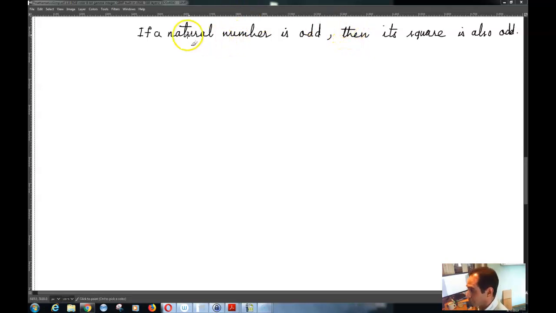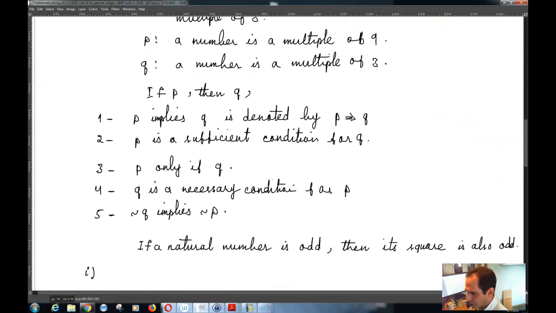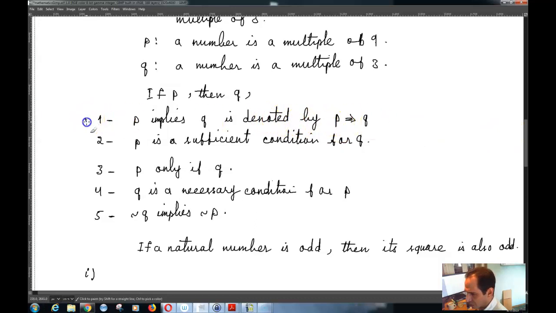So the first way that you can write it, I'm just going to write from the solution, because I'm learning too, is that a natural number is odd implies that its square is odd. That's basically the first thing that we set here.